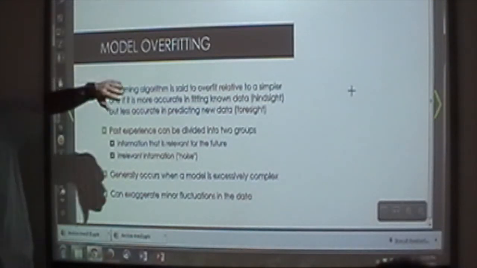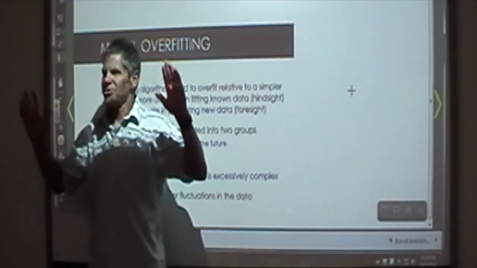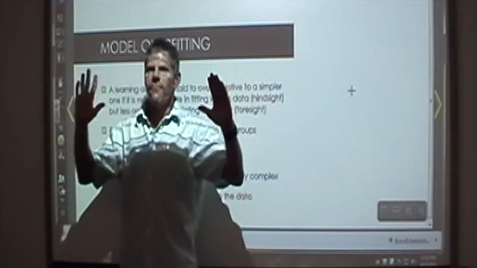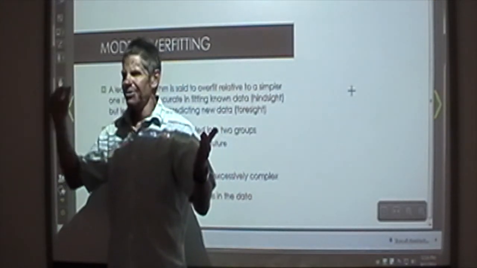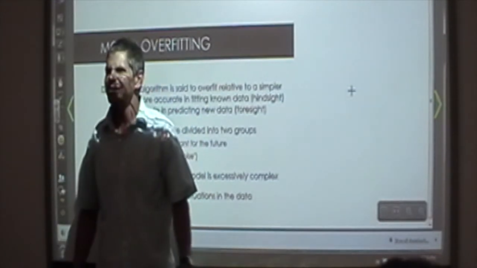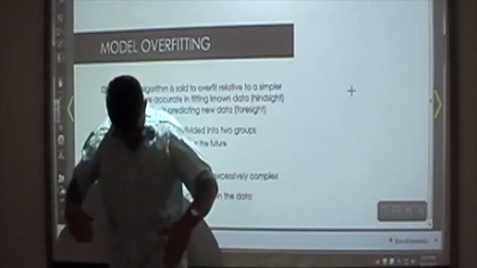For those here, I'm going to block the screen. So when I say model overfitting, what comes to mind? A learning algorithm is said to overfit relative to a simpler one.